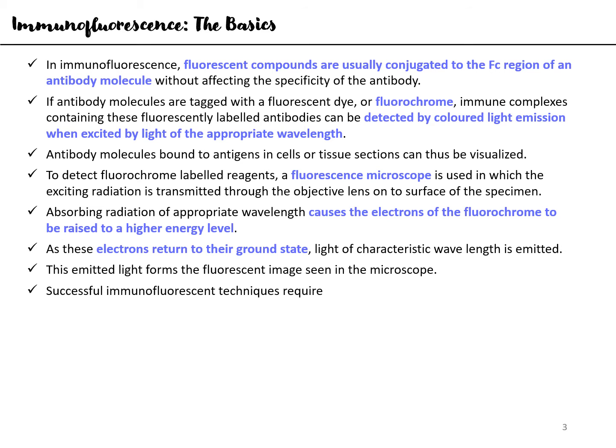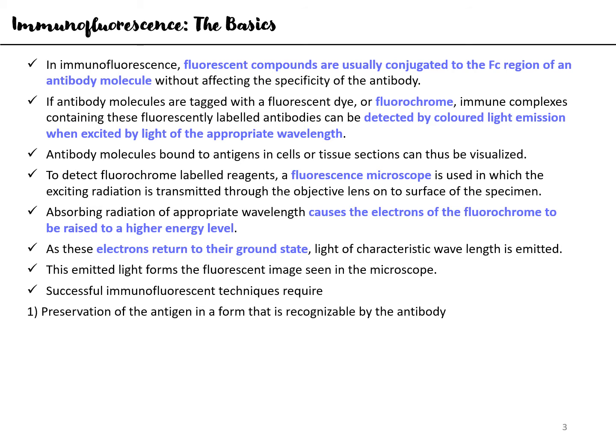Successful immunofluorescent techniques have a couple of requirements. What are these? Preservation of the antigen in a form that is recognizable by the antibody, because in immunofluorescence you will be visualizing molecules that are present within the cells. So these molecules must retain their integrity and their 3D structure, which will ensure that the specific epitopes that the antibody will recognize on them are maintained.